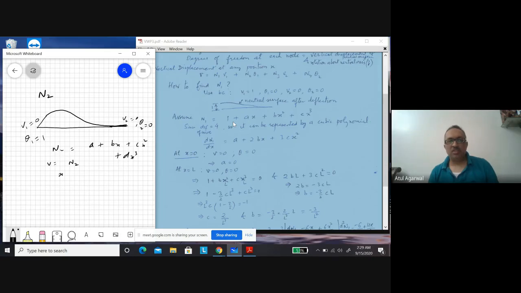So we put x is equal to 0 and we get a should be equal to 0. Then dN2 by dx is equal to b plus 2cx plus 3dx square. Now at x is equal to 0, theta 1 is equal to 1 implies b is equal to 1. Similarly, we have to solve c and d.